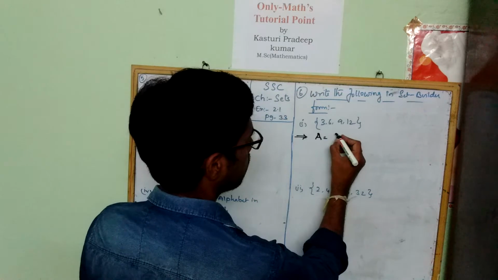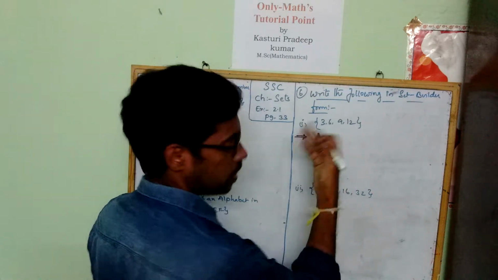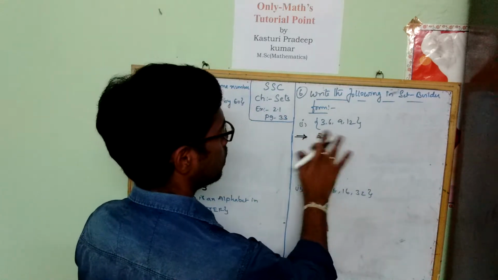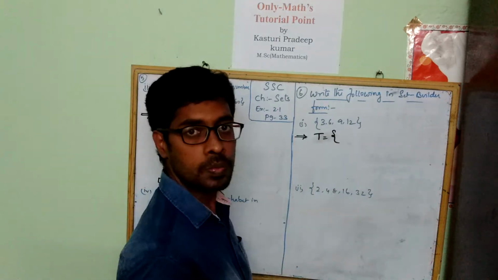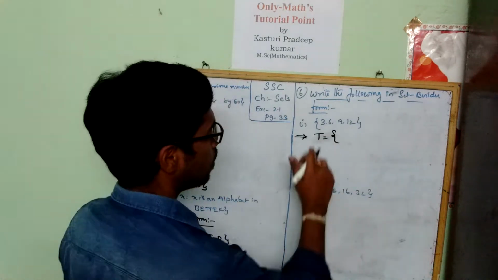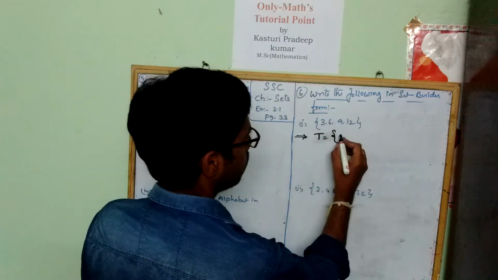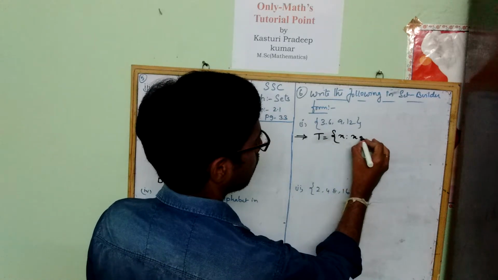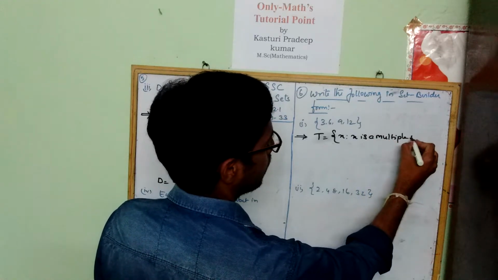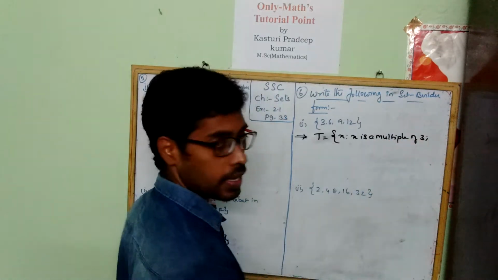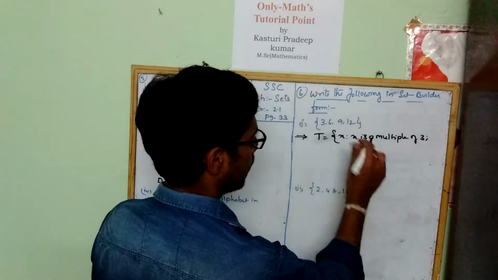Since it is a multiple of 3, better I am giving T. Up to you. You can give any name, but it should be a capital letter. So T equal to x colon x is a multiple of 3, and what is the condition here?